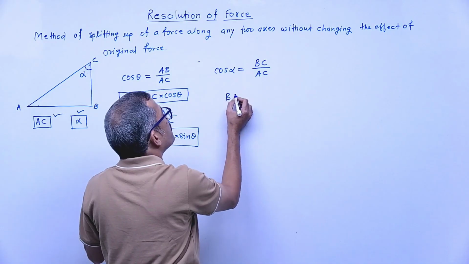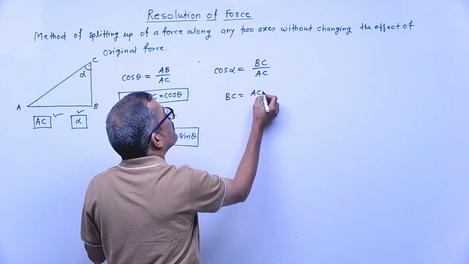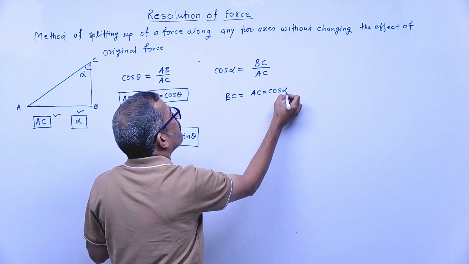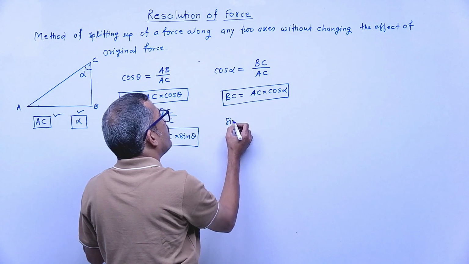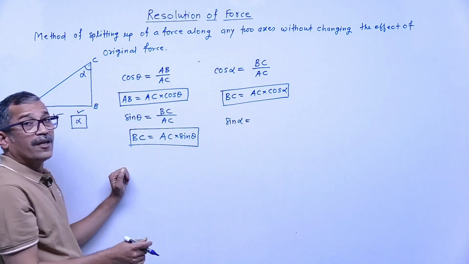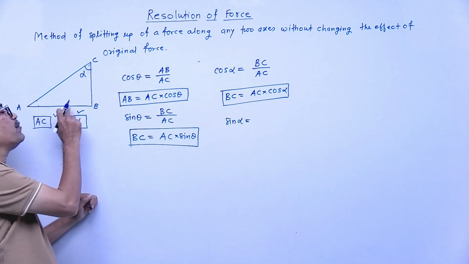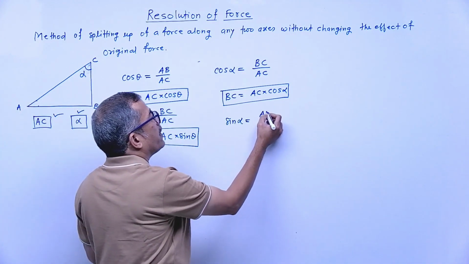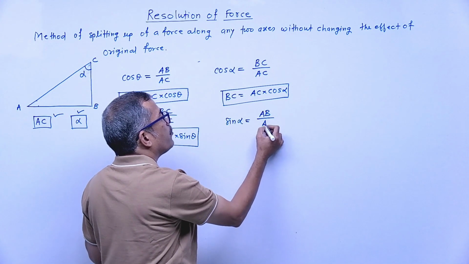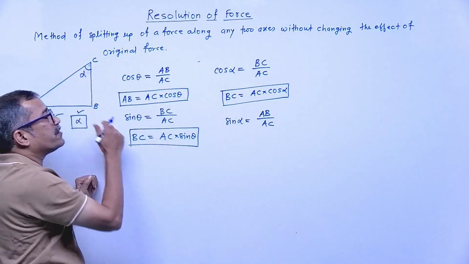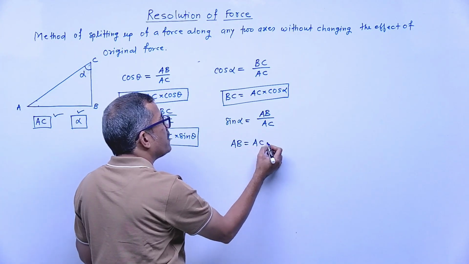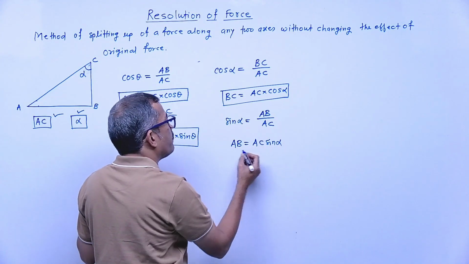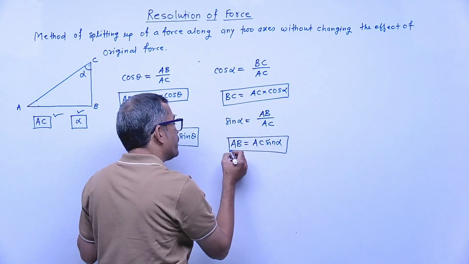That means BC is AC into cos alpha. And how will you write sin alpha? The length of the opposite side, what is opposite to it? AB. Opposite to the angle, AB upon hypotenuse AC. That means AB is equal to AC into sin alpha. Correct?